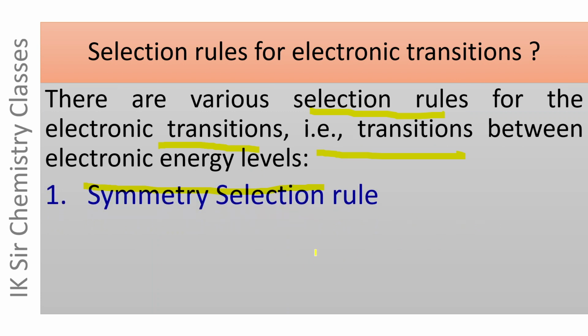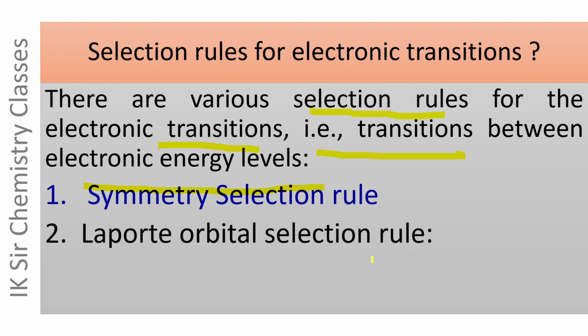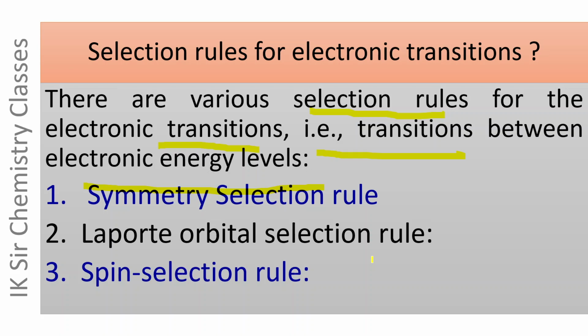The first one is the symmetry selection rule. The second is the Laporte orbital selection rule, and the third one is the spin selection rule. We will discuss all these three selection rules for electronic transitions one by one.